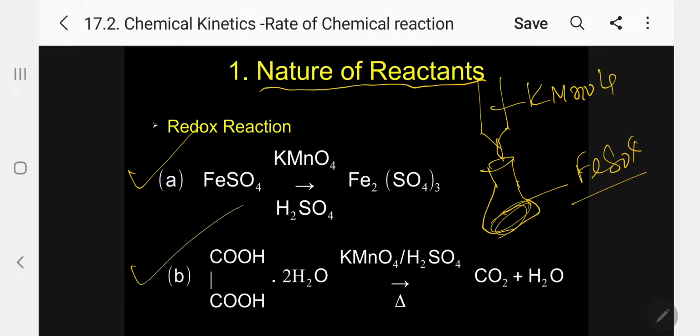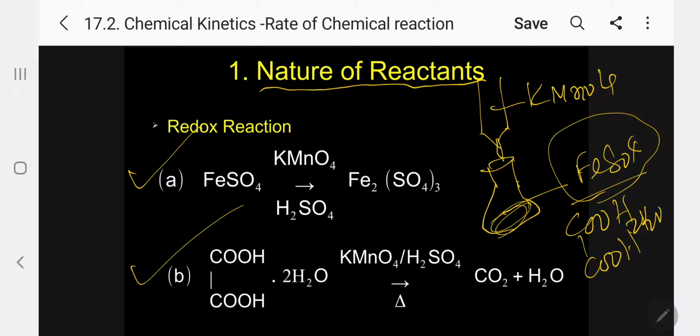Whereas in the second case, the same titration, but instead of ferrous sulfate, if you take oxalic acid, crystalline oxalic acid, that is H2C2O4·2H2O, kindly follow, and again plus dilute sulfuric acid. If you titrate in cold, the reaction is very, very slow.